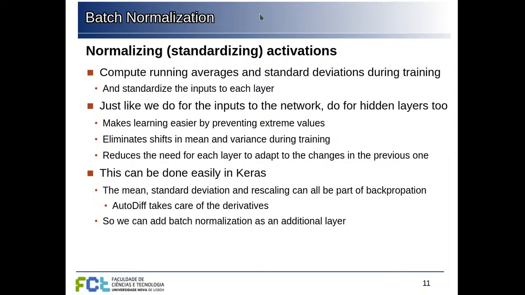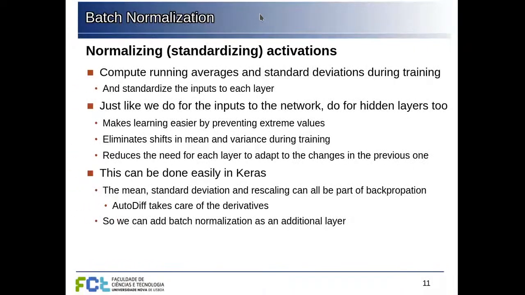However, when we stop training, these parameters are fixed. They are the result of averaging over the whole training set and keeping these moving averages. And then we will be using those parameters in prediction afterwards. This is how it's implemented in Keras.